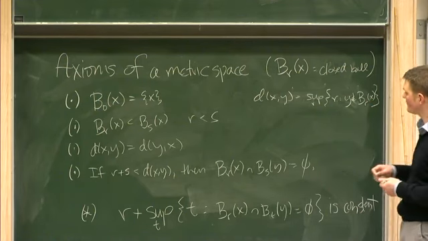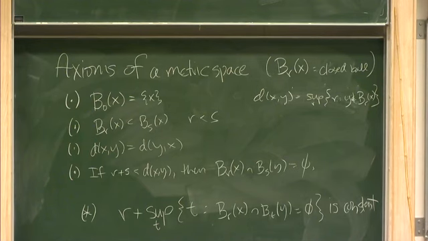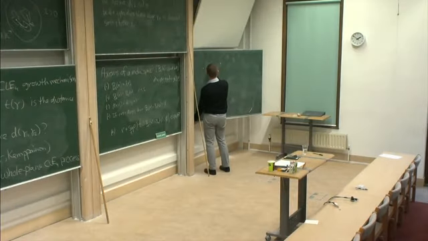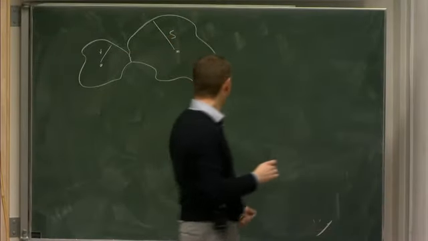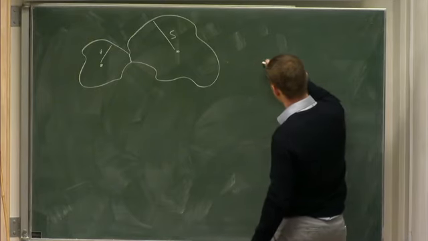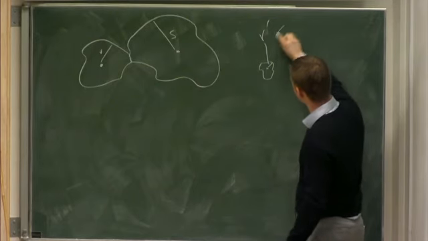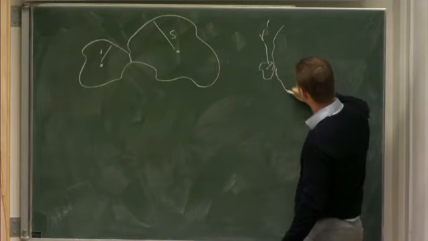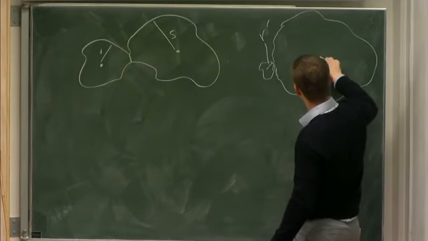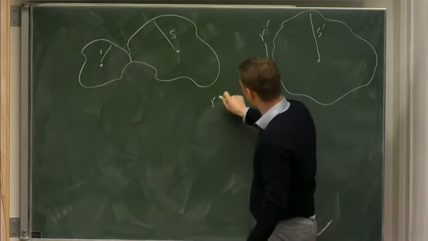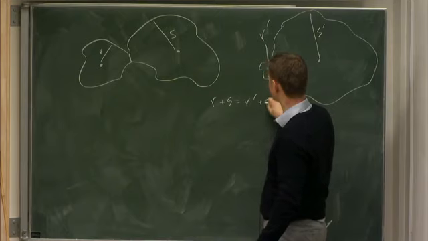Okay, so again, we're going to call that the tangent balls condition. The picture that goes with it is just this idea that if you have x and y, you have some ball of radius r and some ball of radius s, and you take the ball of radius r and maybe you shrink it down and get some new radius r prime, and then you increase the radius of s to match, and you get s prime. Then r plus s has to equal r prime plus s prime.